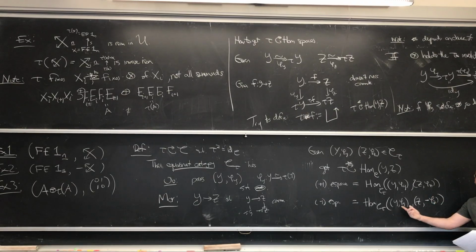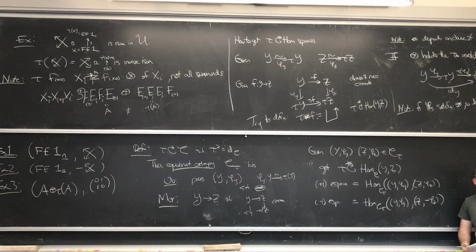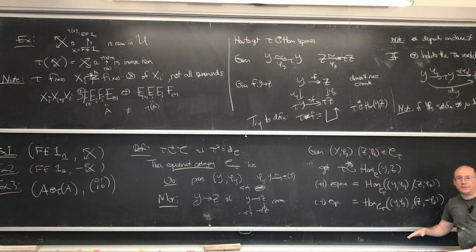Or I could put the minus sign over here instead. So you should think that this original Hom space gets split in half into two pieces, the +1 eigenspace and the -1 eigenspace, which represent two different Hom spaces in the equivariant category.